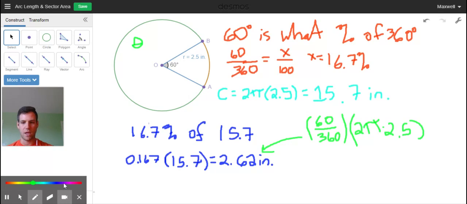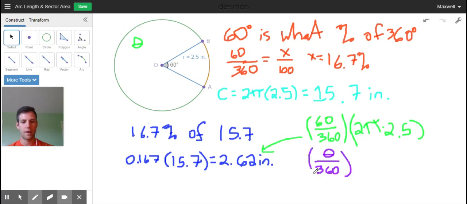And I would be able to generalize this to be theta over 360 and then multiply it by our circumference of 2 pi r. And that would be the arc length formula in terms of degrees.